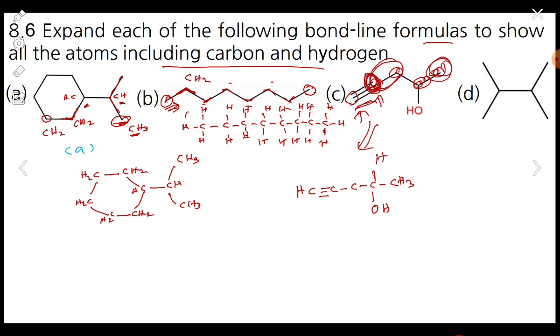And then what is left over here? You can see there is a CH2, and that's all, right? This is the structure of this molecule. Okay, let's move on to the next one, D.